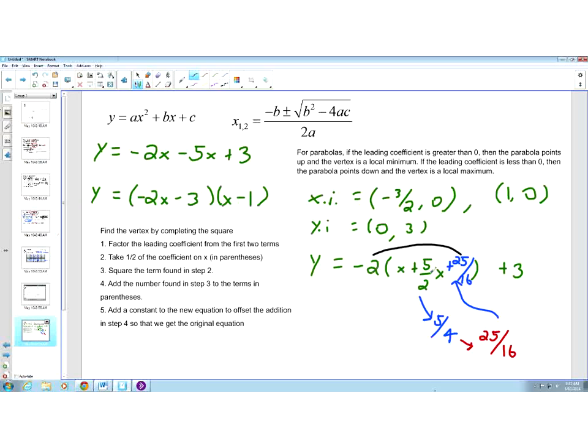See this right here? So we have -50/16. So since we've added -50/16, we have to, by step 5, subtract a -50/16. That should be a minus. So you see that I'm subtracting a -50/16. And now we have the original function back, okay?